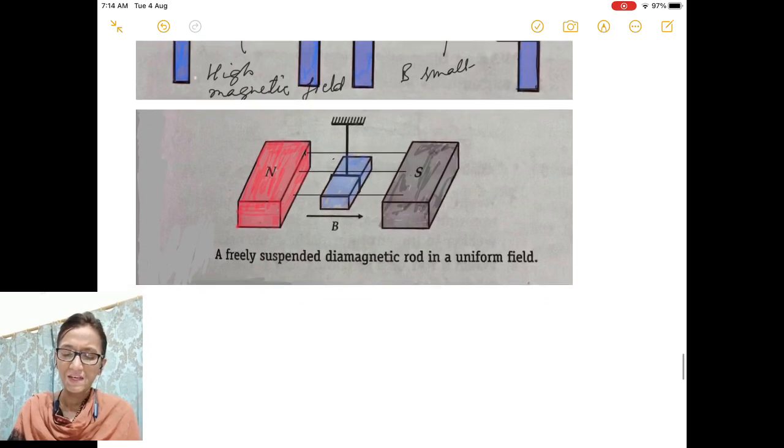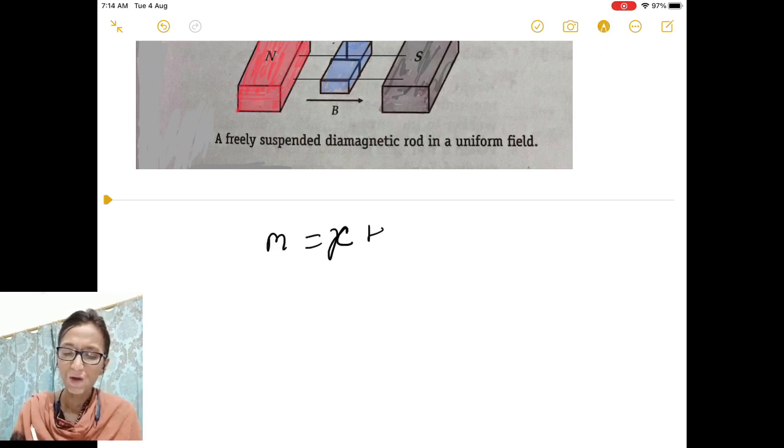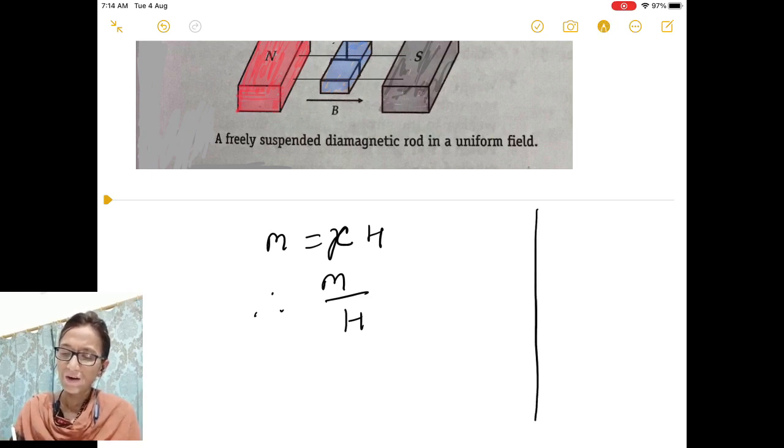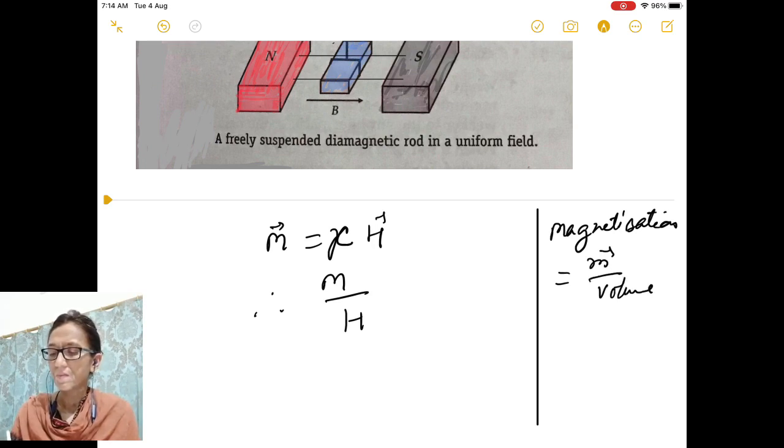So now if we take susceptibility, we know that magnetization is equal to susceptibility into H. Therefore, susceptibility is magnetization upon magnetic intensity. And we know from before what is magnetization. Your magnetization, which is a vector, is equal to dipole moment per unit volume.